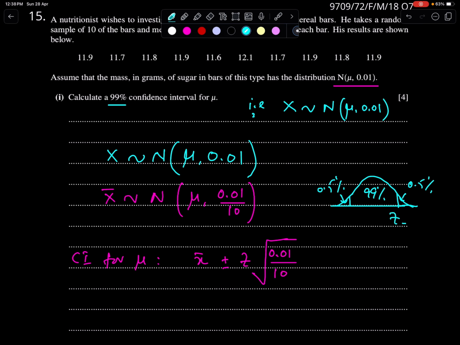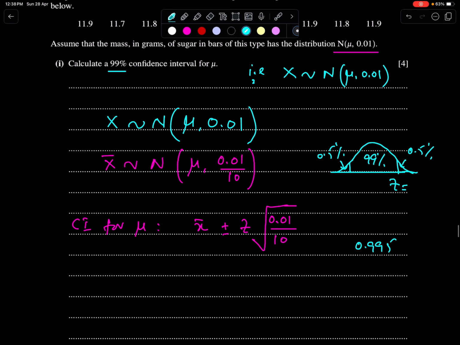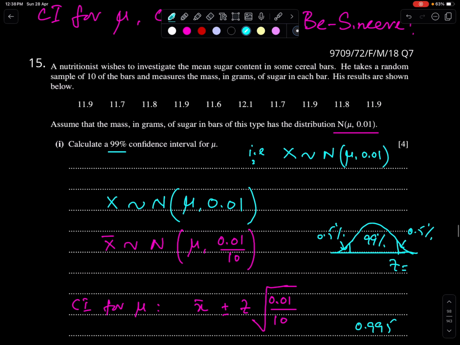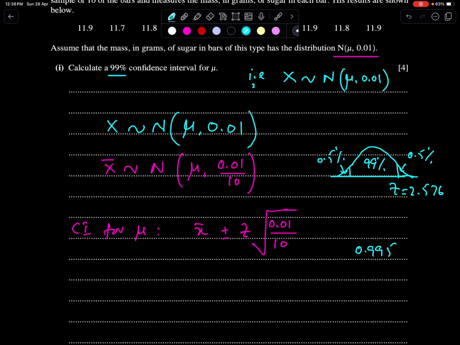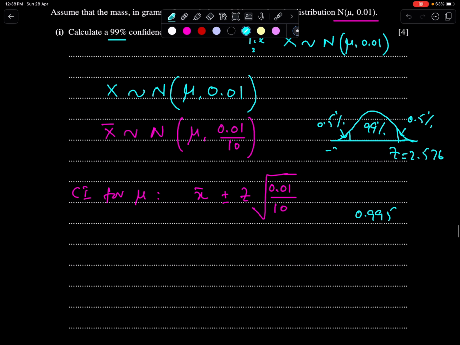So for the value of z, we will check 0.995 either in table or in calculator. Therefore, the value of z is 2.576. And this value is minus 2.576. This is 0.